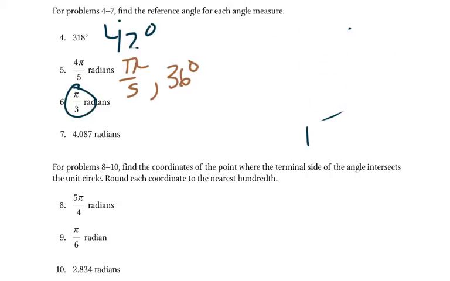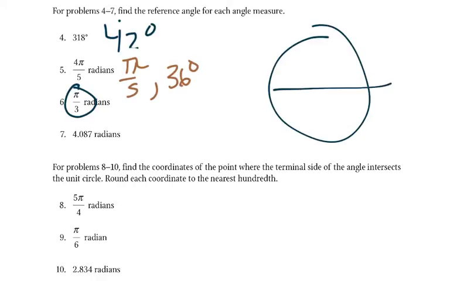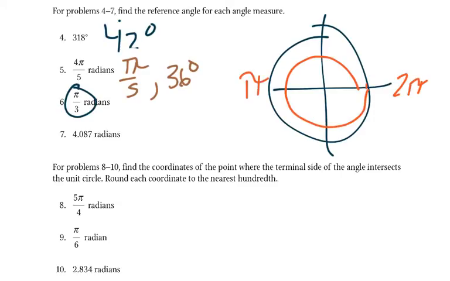It says 4.087 radians. This one's a little bit harder, because we have to remember, as we go around the circle, that's pi, that's 2 pi. If we keep going, that's 3 pi, and 4 pi, and so on.